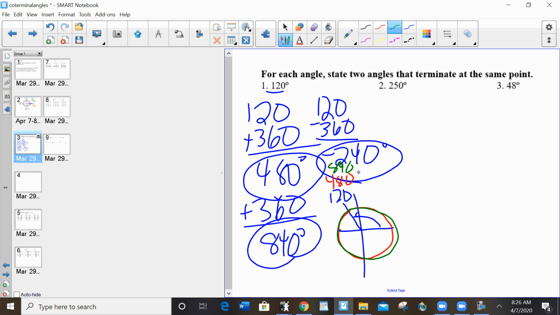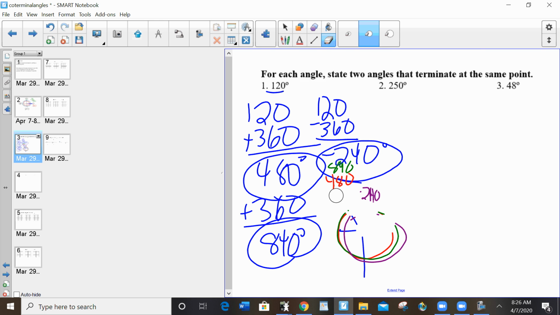And if I go the other direction, then I end up with my negative 240. Now it's getting a little sloppy, but hopefully you understand the point. If I add or subtract 360, I'm right back where I started. So even though I asked for two answers, I gave you three for that first one.